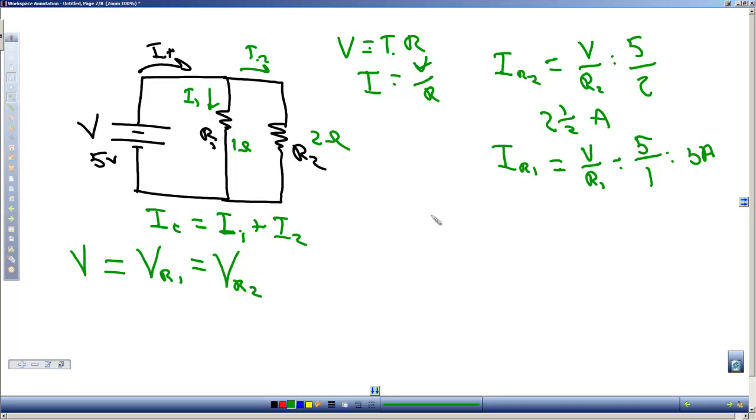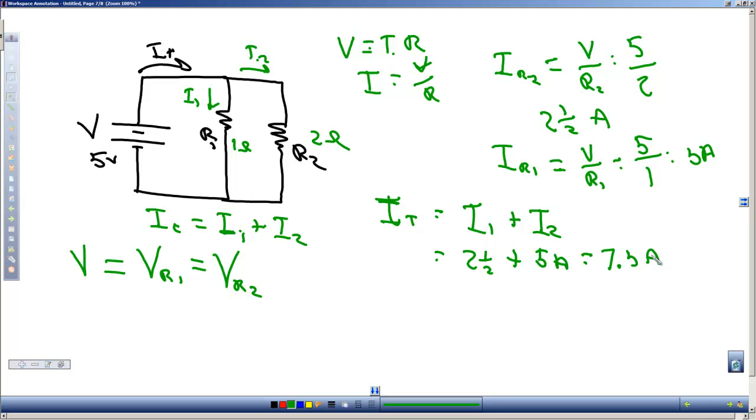So the total current has to be equal to the current of I1 plus the current of I2, and so that was 2 1/2 amps plus 5 amps is equal to 7.5 amps. So that would be our current. Remember, I said that was additive.